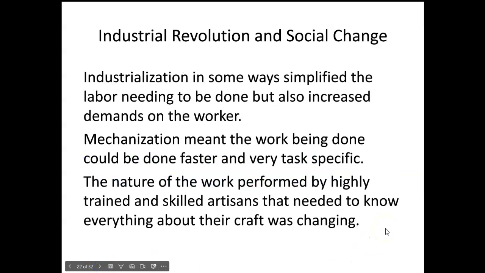As industrialization in some ways made things simpler for labor, it also increased demands on the worker. Mechanization meant work could be done faster and was much more task-specific. The nature of the work performed by highly trained and skilled artisans who needed to know everything about their craft was changing.